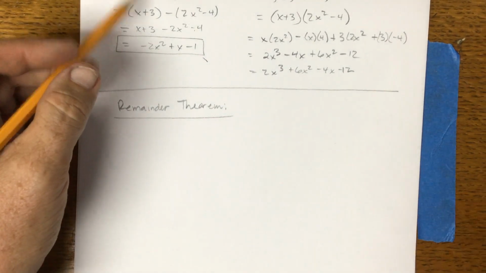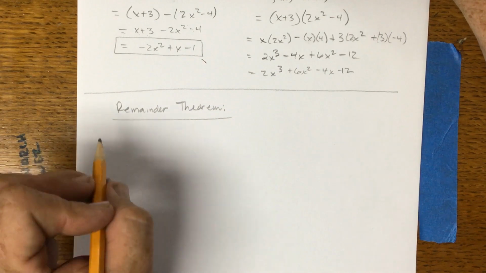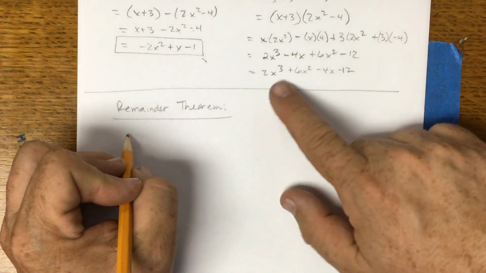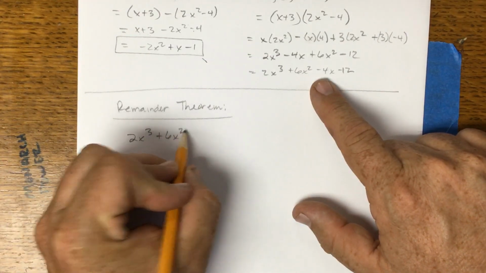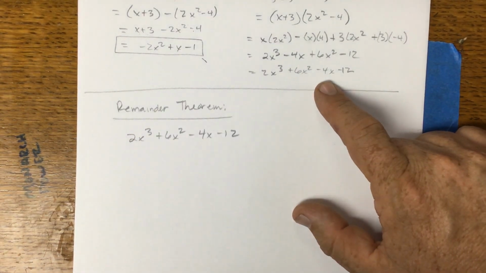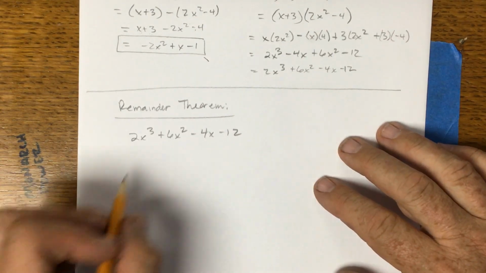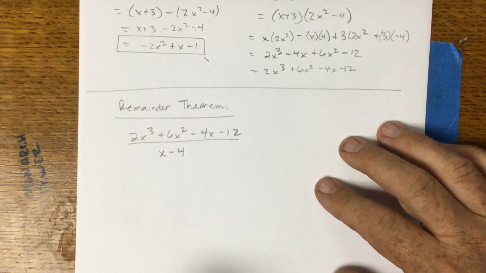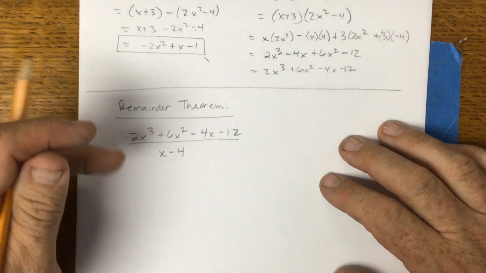So if we look at this, let's just take this one right here: 2x cubed plus 6x squared minus 4x minus 12. If I take that one right there and I divide it by x minus 4, let's say. Let's see if that one's going to work. That one's going to kind of get ugly, isn't it? We'll try it and see what happens.